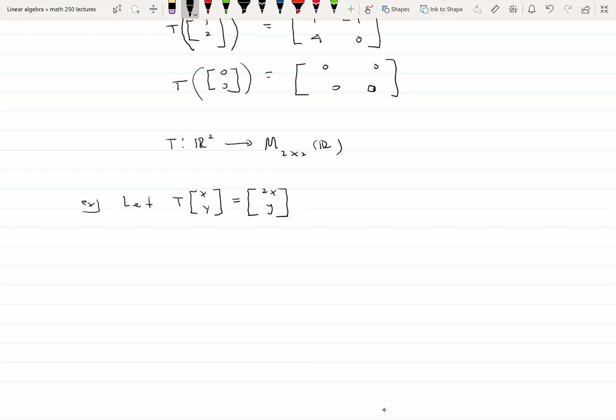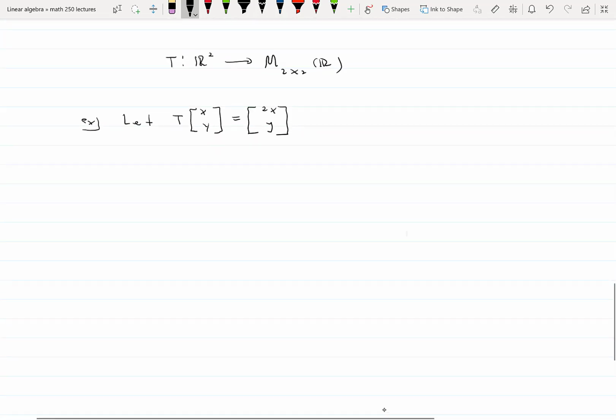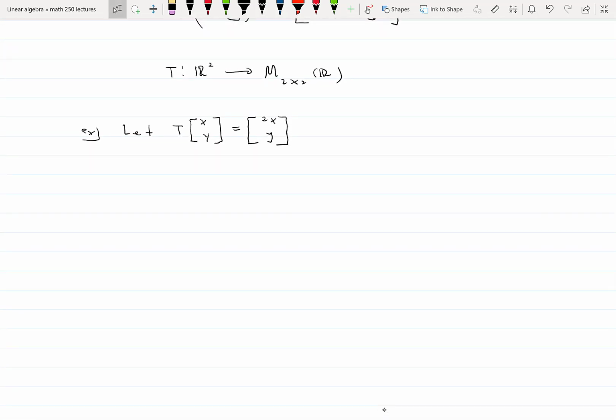So let's take a look at this transformation. What two vector spaces is this transformation operating on? It's operating within the same vector space. It's taking an element of R2 and turning it into another element from R2.